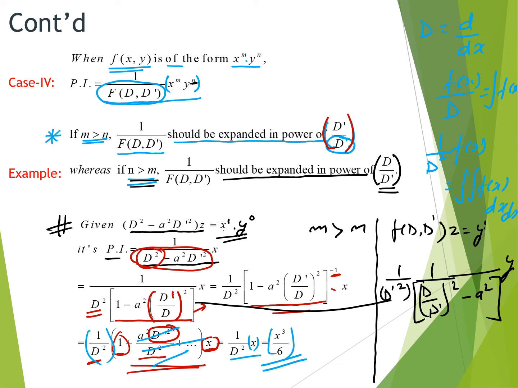You have to remember this point: if the power of x is more than the power of y, then we take D as a common to convert to the binomial expansion term, and if the power of y is greater than the power of x, then we consider D' as a common and expand in powers of D by D'.